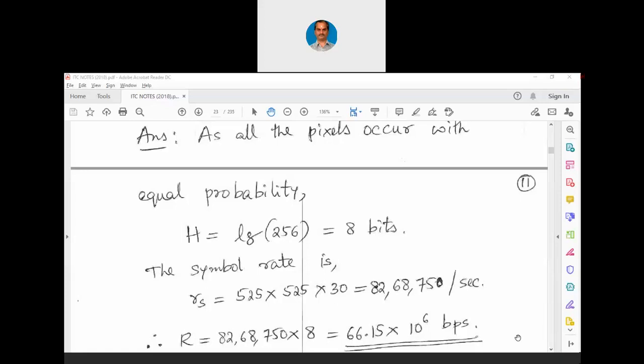From kbps we move on to Mbps, from Mbps to Gbps, from Gbps to Tbps, like that it goes on. So that is the challenge. The challenge of the present technology is how to conserve the bandwidth, how to transmit less, and how to convey more. That is where information theory is helping.